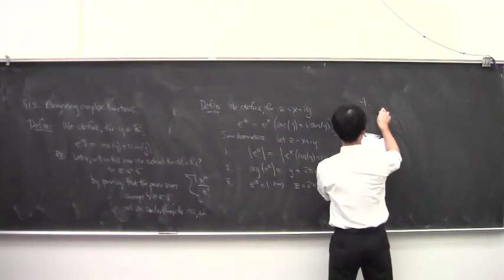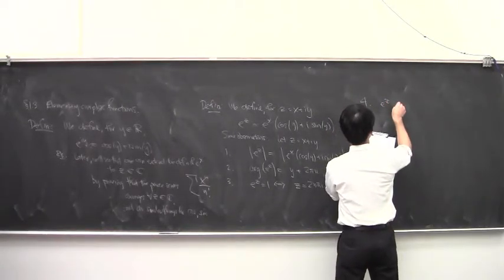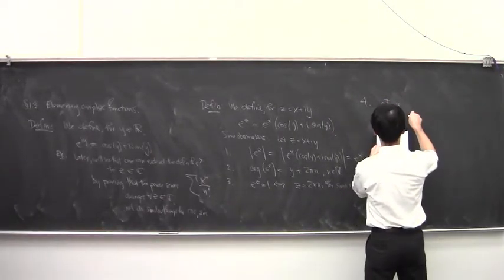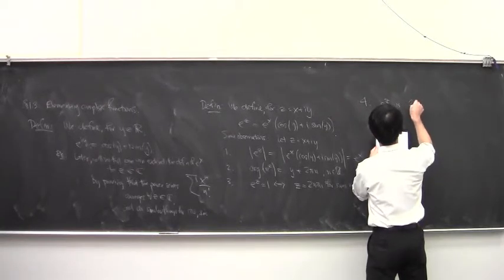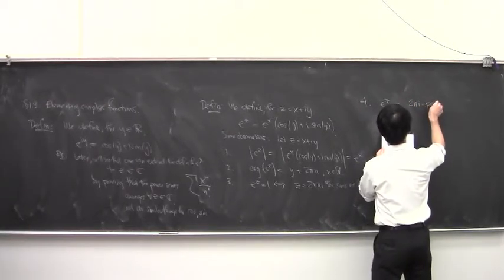Number 4, e to the z, this function is periodic, 2 pi i periodic.